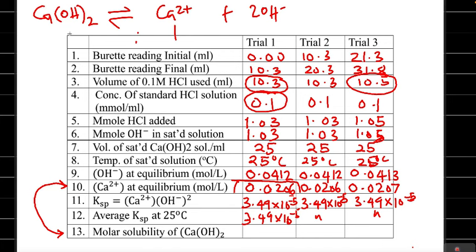This is 1:1. So whatever the concentration of this is, that will be the concentration of this. And we already solved number 10. So the molar solubility of this will now be 0.0206. And that's it. You get your answer.